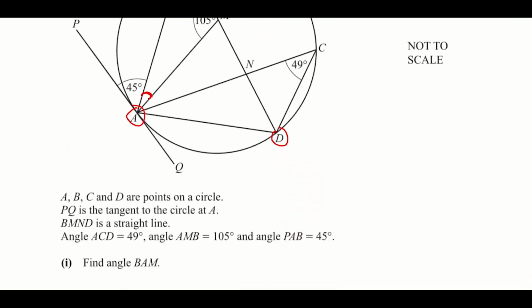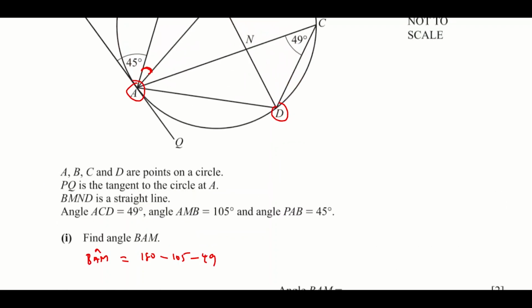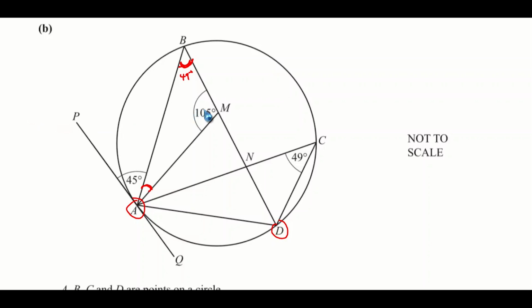It's easy. So angle BAM will be equal to 180 minus 105 minus 49. So that is 180 minus this, which will give us angle BAM.